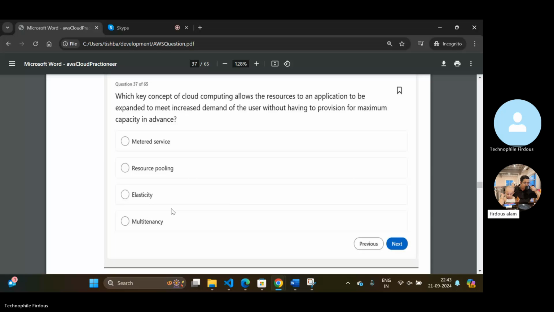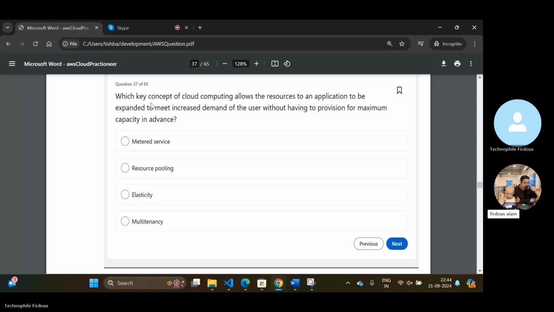Okay. So the next question is related to a concept of cloud computing. Let's see what it is telling. Which key concept of cloud computing allows the resources of an application to be expanded to meet the increase in demand of users without having to provision for maximum capacity in advance? This is a kind of word-meaning question, so we can go to the options and try to answer.